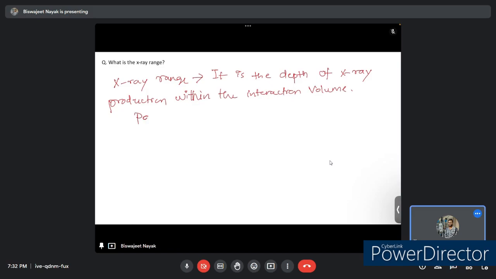So the parameters it depends on are beam energy, critical excitation energy, and specimen density.